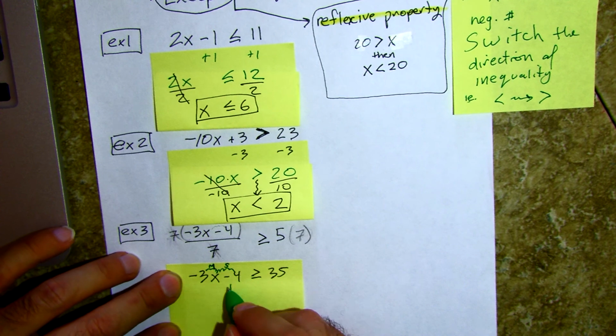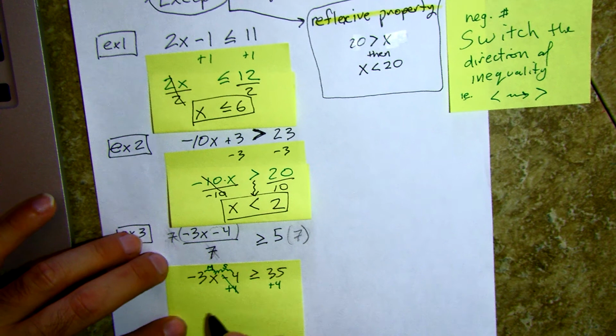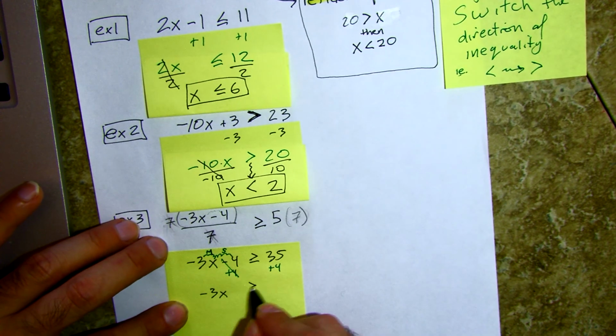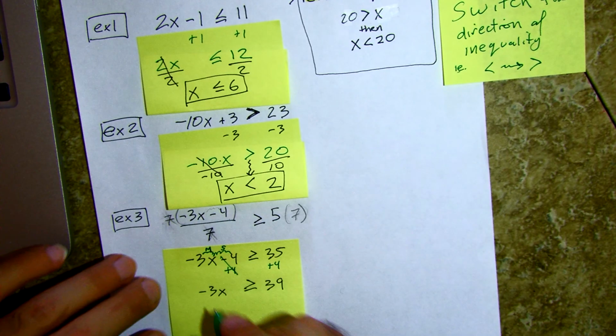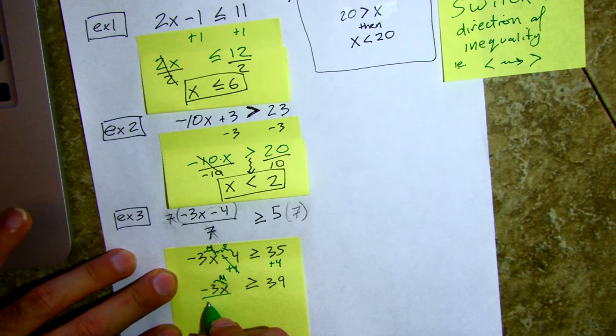The chain remaining is multiplication, so I'm going to do the opposite. I'm going to divide by the number I want to get rid of on both sides of the equation. It's always on both sides of the equation. Negative 3 over negative 3 is 1. 1x. Over here, we're going to have negative 13.